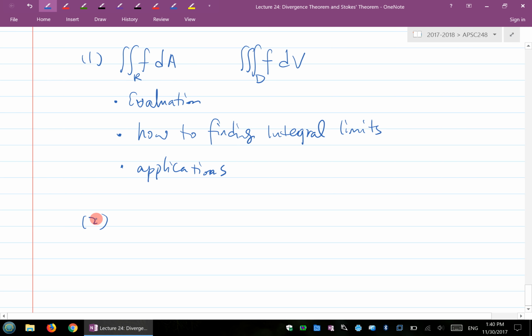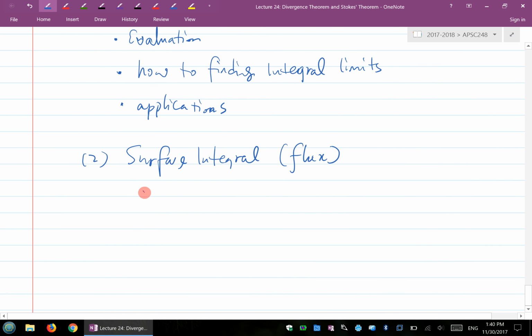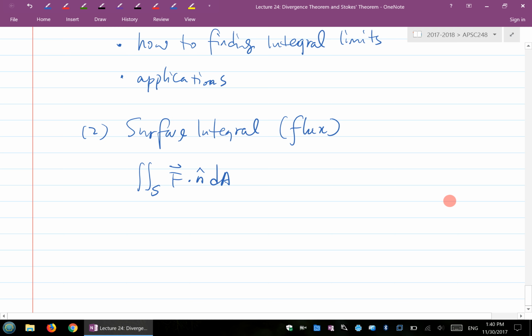So that's the first type. Another type is the surface integral. This one gives us the net flux through the surface. And when it comes to the surface integral, you need to think about how to evaluate it. There are cases 1 to 4.